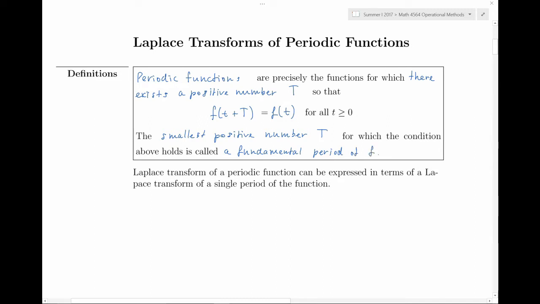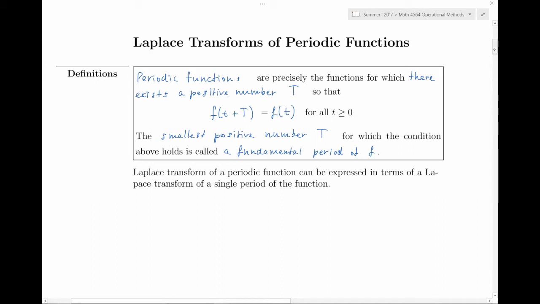Sometimes it's also called a basic period or a prime period. It's easy to see that the functions that are periodic with the period T are also periodic with the period 2T or 3T, and the fundamental period is the smallest possible period for the function f.